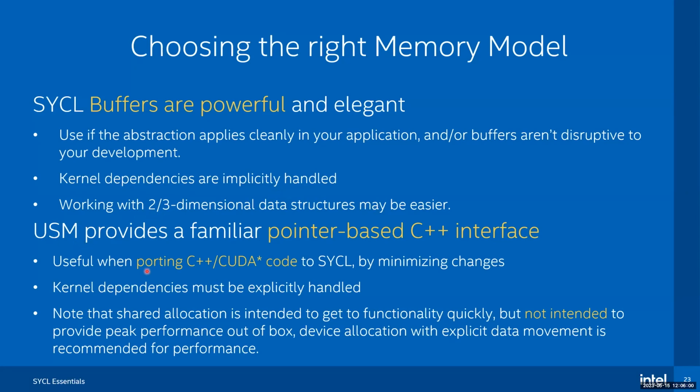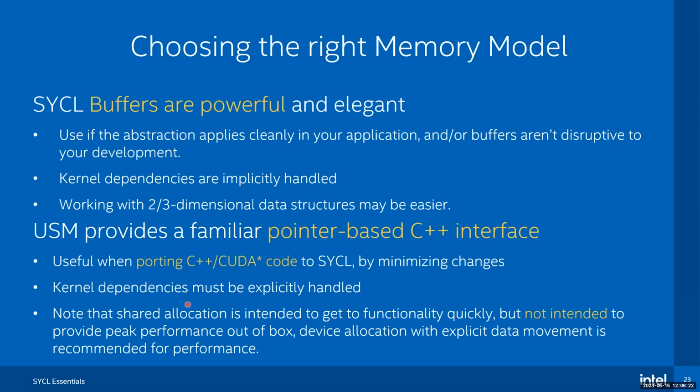If you use USM, porting any existing C++ or CUDA code will become very easy, because C++ and CUDA use a similar way of doing memory allocation, so it might make it easier to migrate your code.